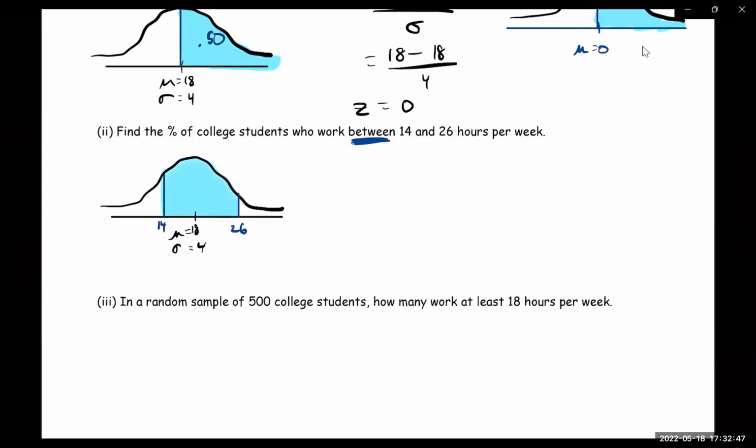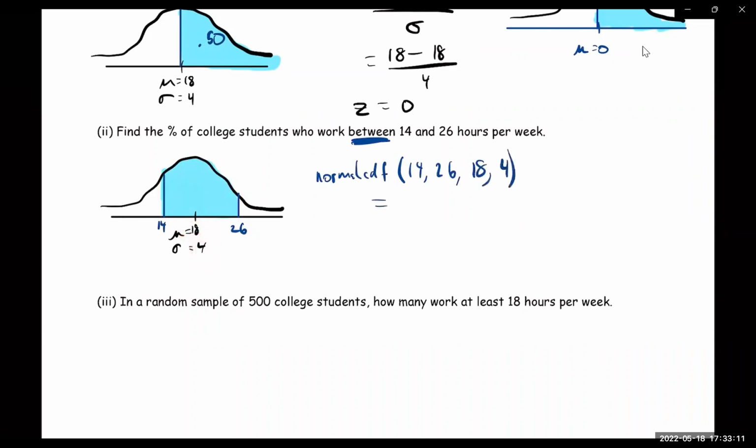All right. So first way to do it is normal CDF. If you have a calculator, that's always the easiest way. The lower is 14, the upper is 26. So lower, upper, the mean is 18, and the standard deviation is 4.